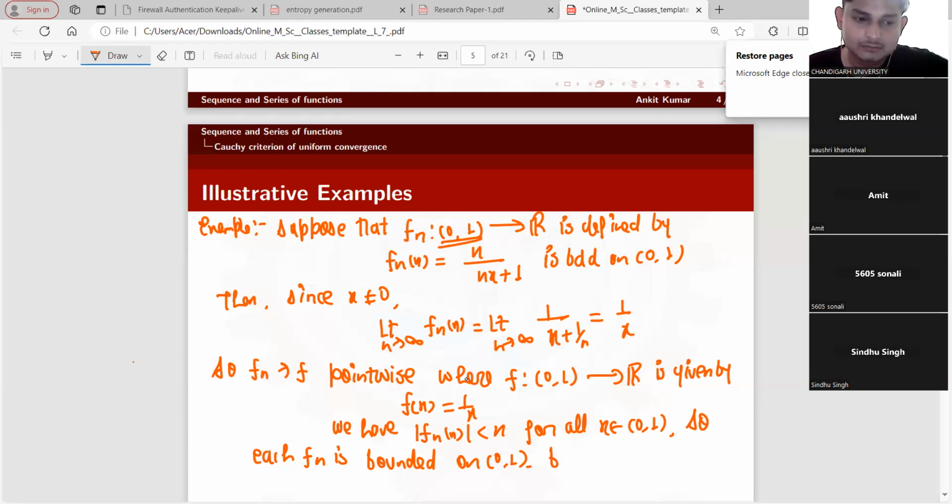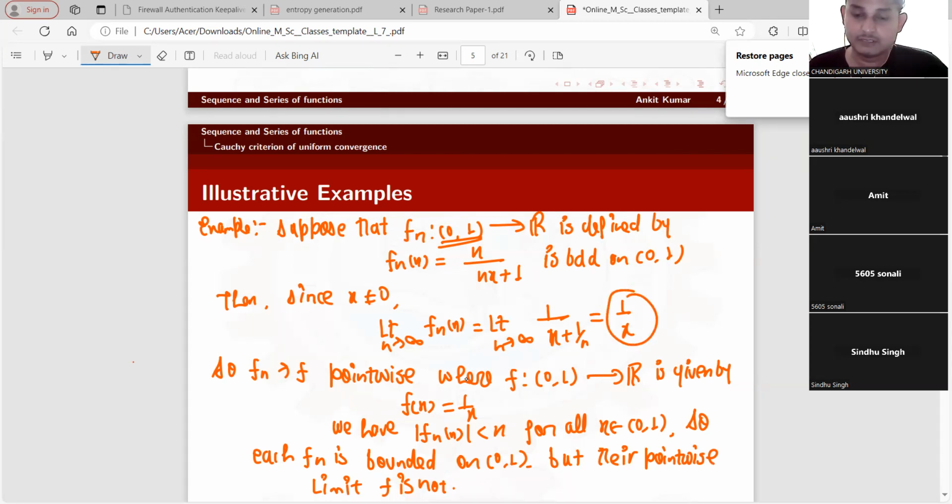But their pointwise limit f is not bounded. Okay, because what is its pointwise limit? Their pointwise limit f is not bounded.